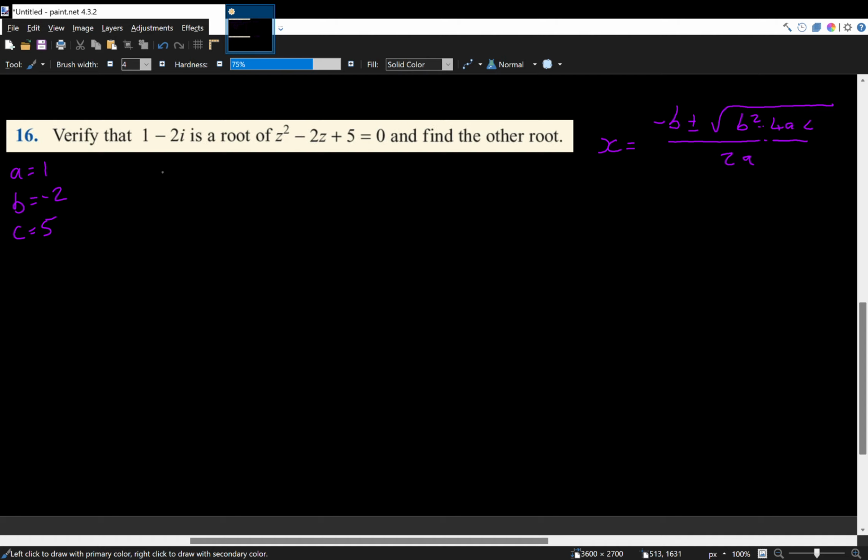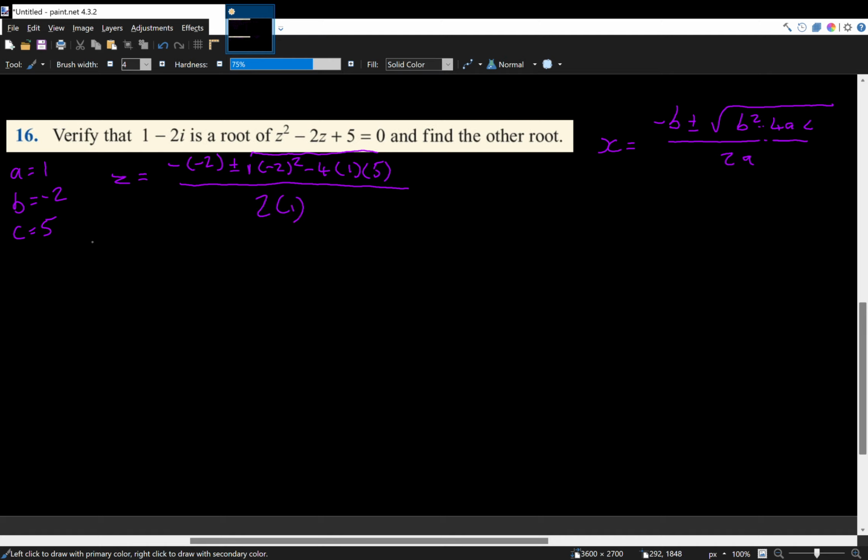From our equation here, a is equal to 1, b is equal to minus 2, c is equal to 5. So if we put this into our equation, we're going to get z equals minus minus 2 plus or minus the square root of minus 2 squared minus 4 times 1 times 5 all over 2 times 1.